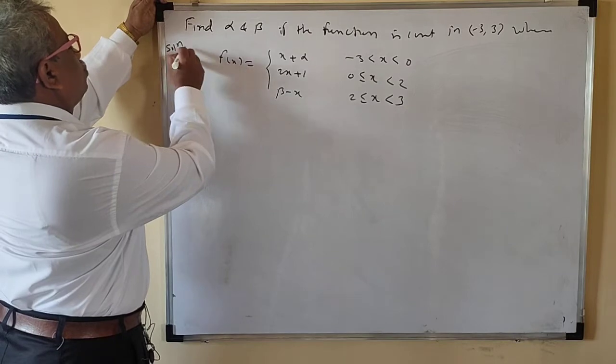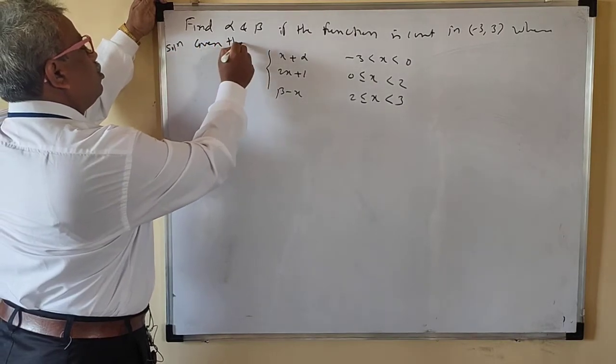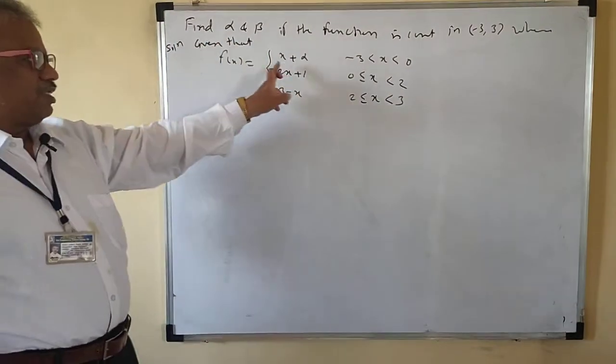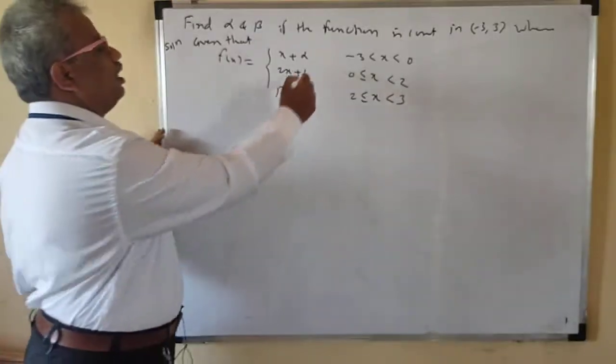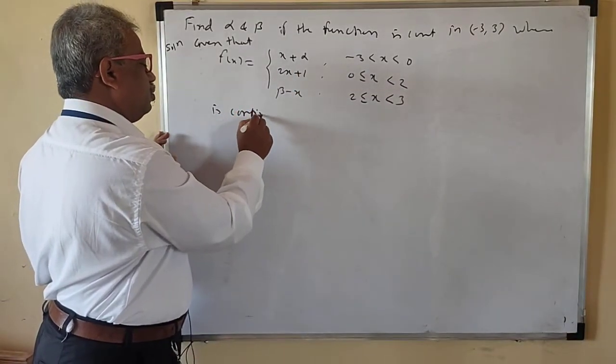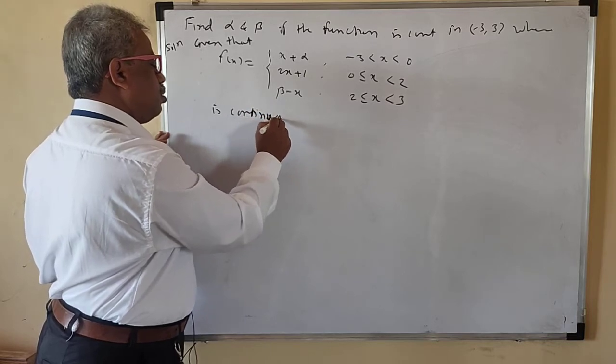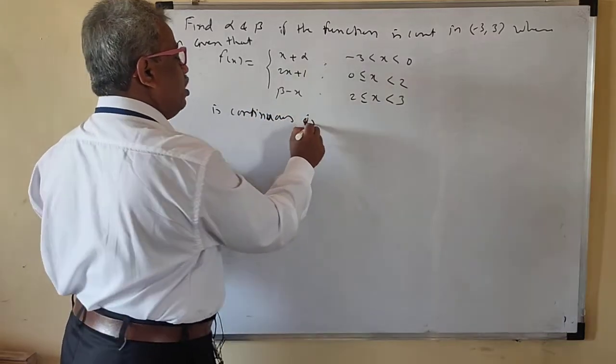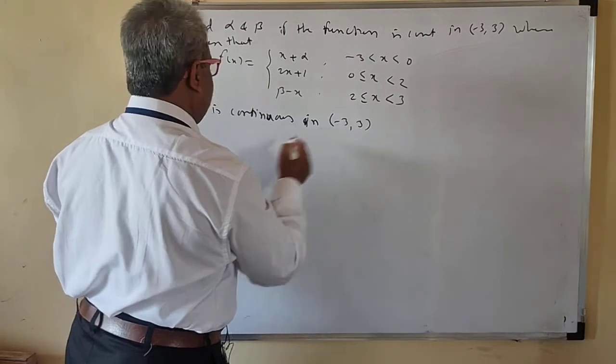Okay. Solution. Given that f of x is equal to x plus alpha and these ranges are given, it is continuous in minus 3 to 3.